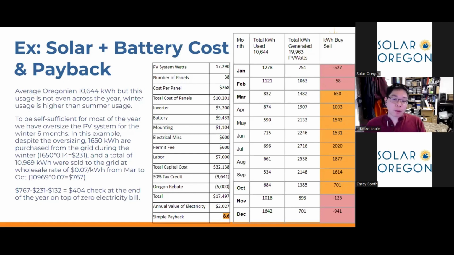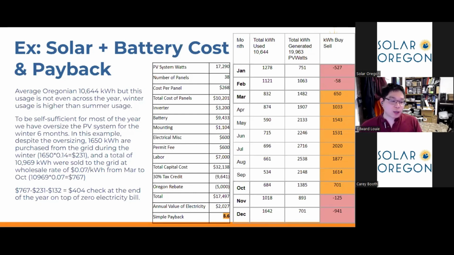But the problem is that if you install a solar system, you don't get your generation in the winter time. You get it dominantly in the summertime, as you can see in the second column there, total kilowatts generated. When I designed this system, I oversized it so that it roughly net zeros the winter 6 months of usage.